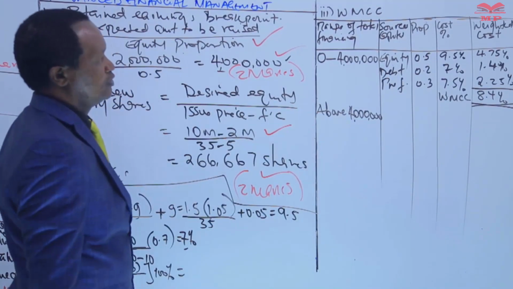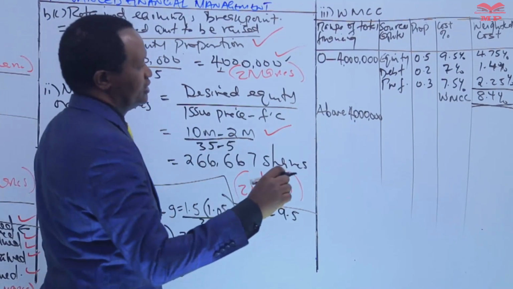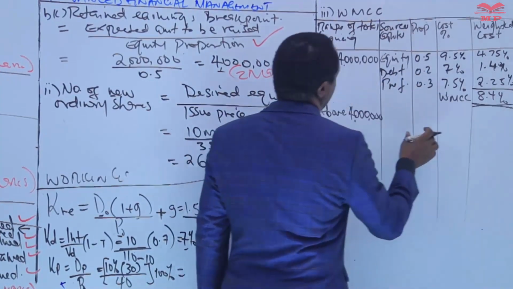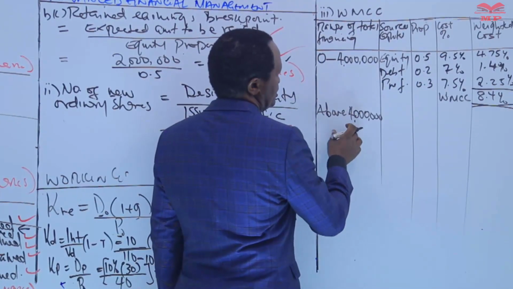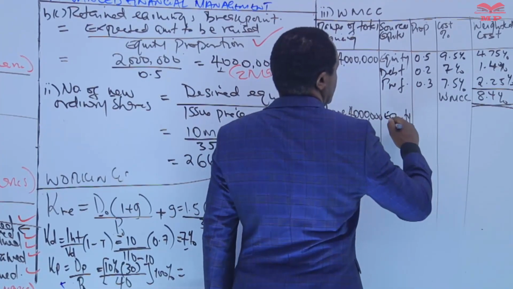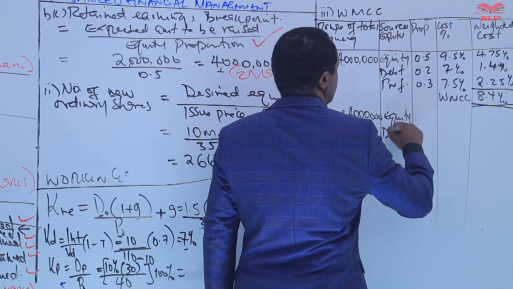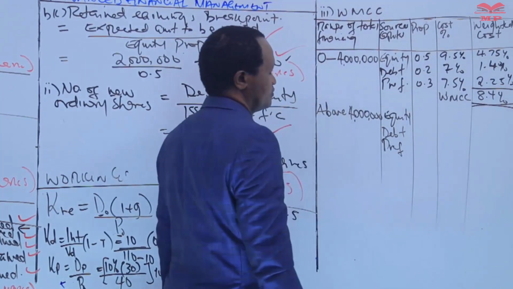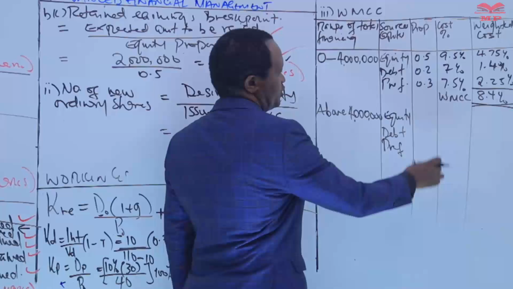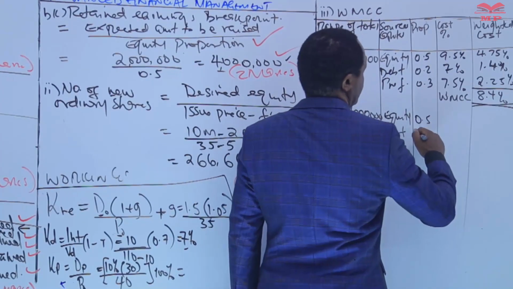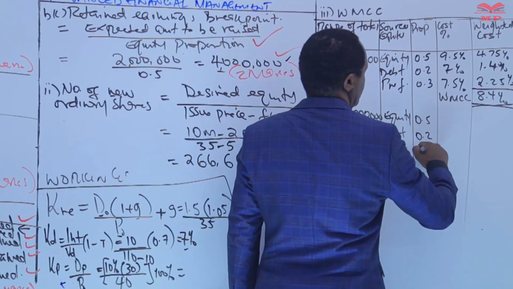We need to calculate again the weighted average cost of capital at this range, beginning with equity, debt, preference. The proportions must remain 0.5, 0.2, 0.3.